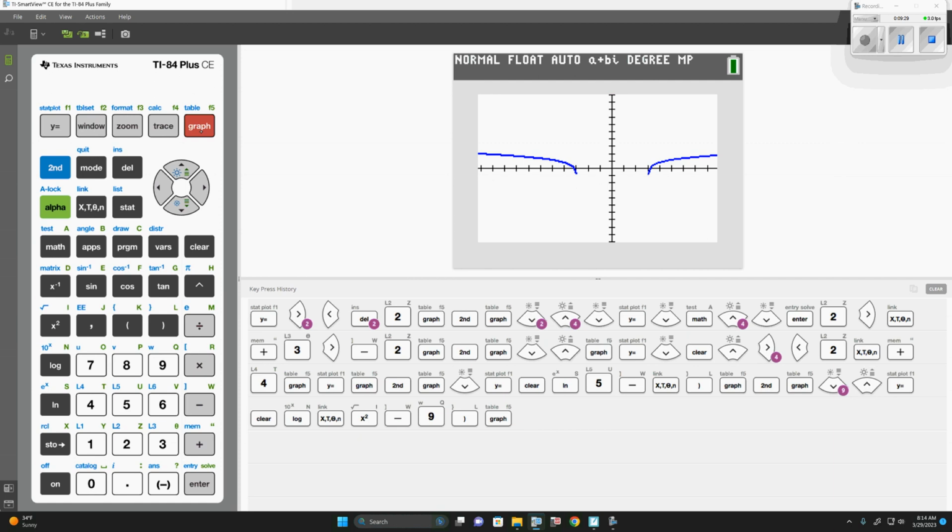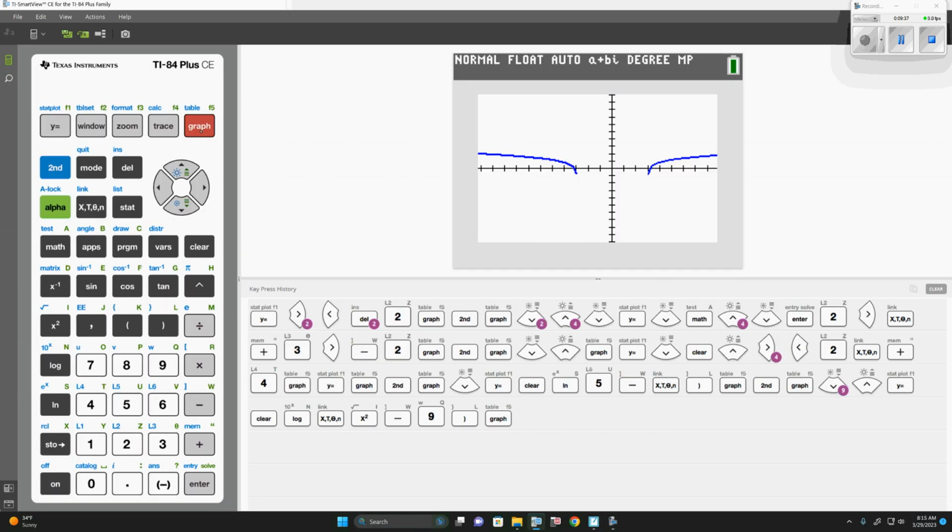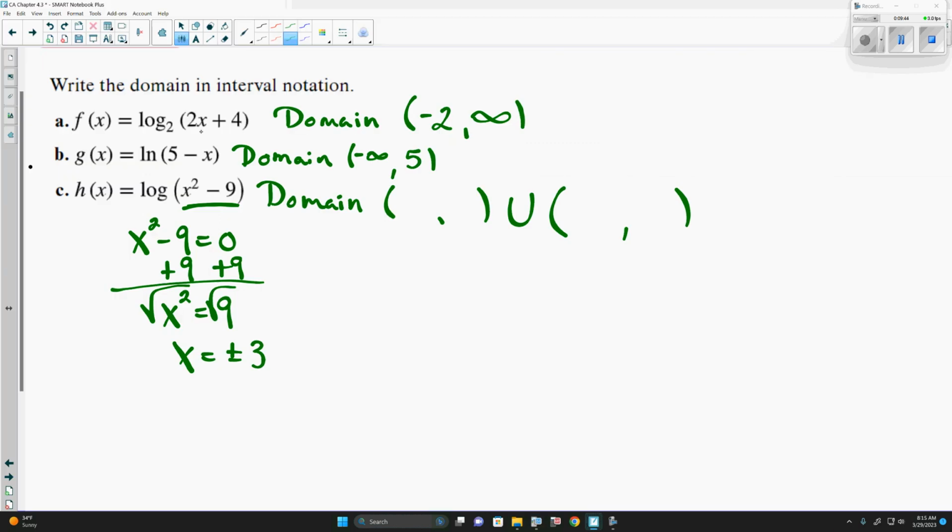We have two different parts for this graph. Now, looking at the graph, we do go two different directions. So we are going to positive infinity and negative infinity. So in one of these, we're going to have negative infinity. The other, we're going to have positive infinity.